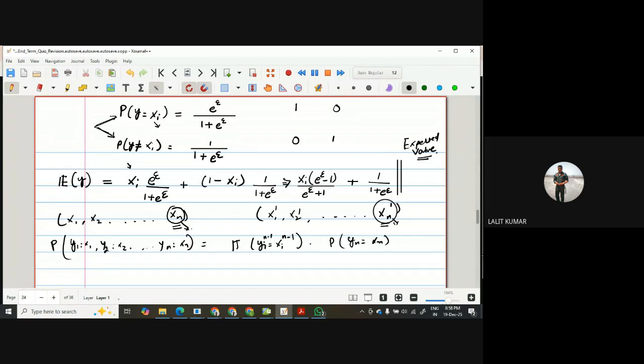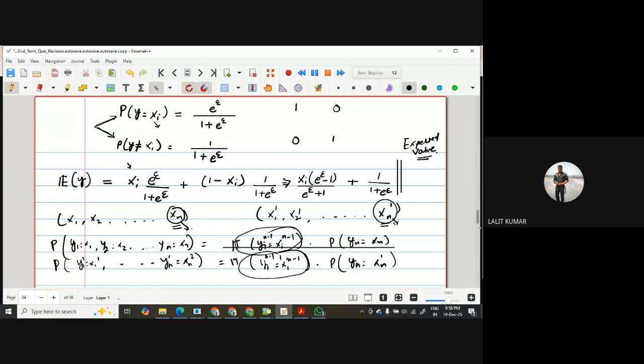Similarly, for the second data set, y1 equal to x1 prime up to yn equal to xn prime can be written as the same n minus 1 terms times the probability of yn equal to xn prime. When you divide these, all the common points cancel out, and you get the probability of yn equal to xn divided by the probability of yn equal to xn prime. Now here you put the formula, e to power epsilon over 1 plus e to power epsilon, divided by 1 over 1 plus e to power epsilon.